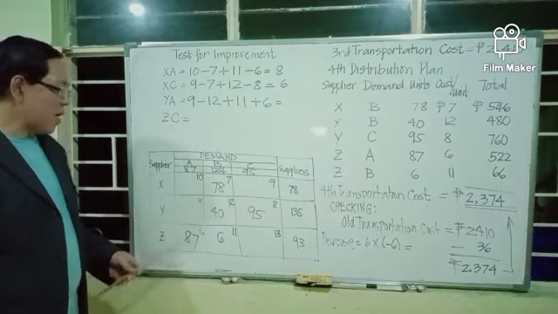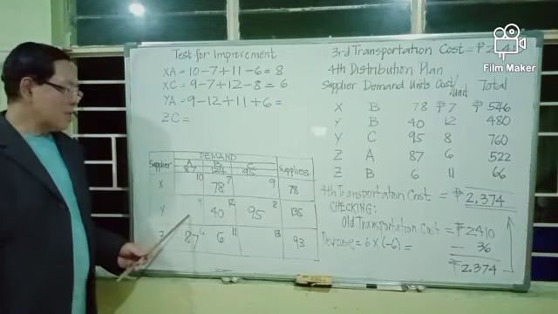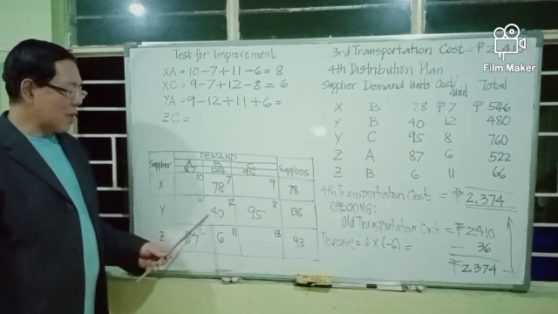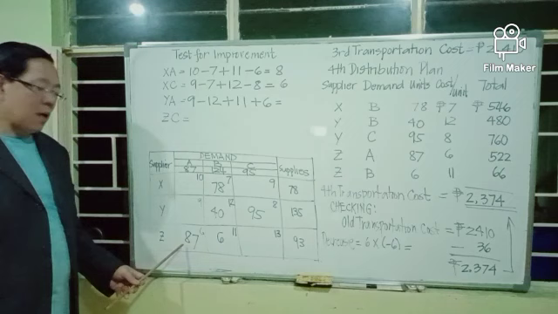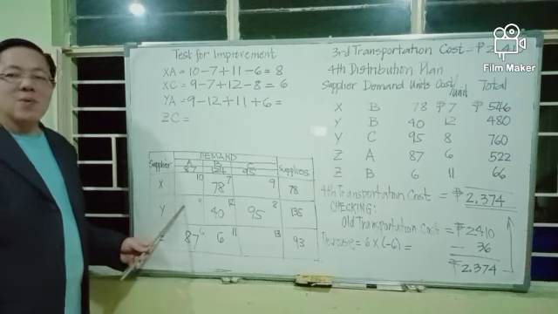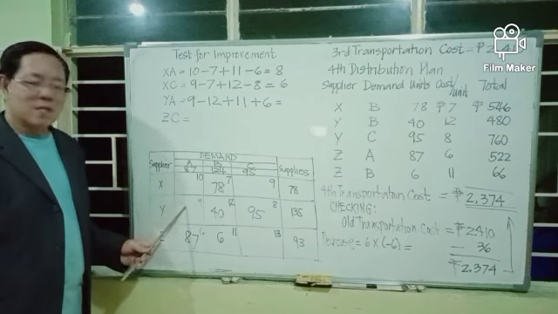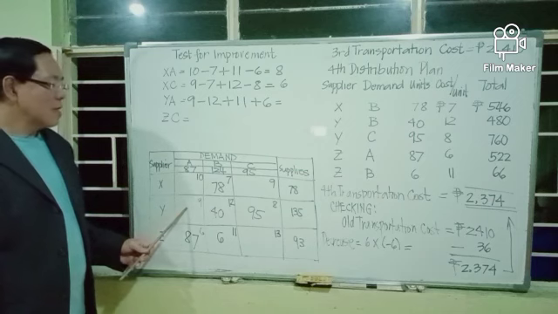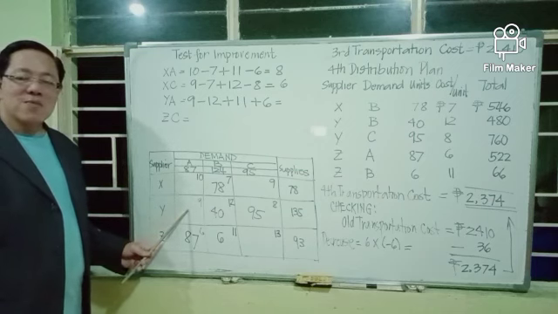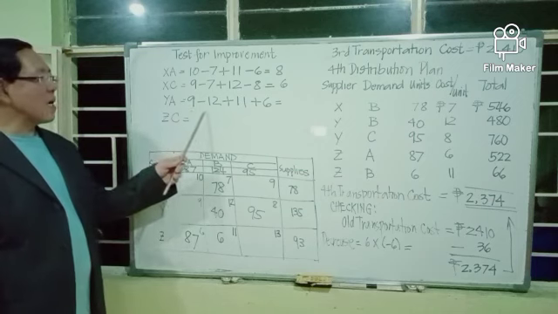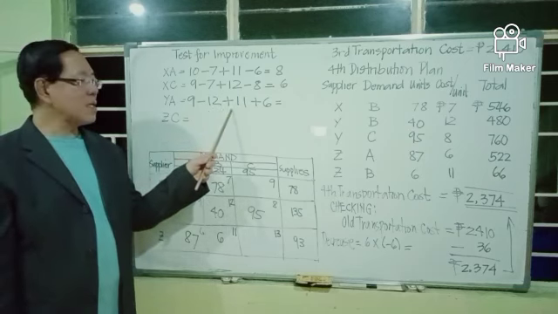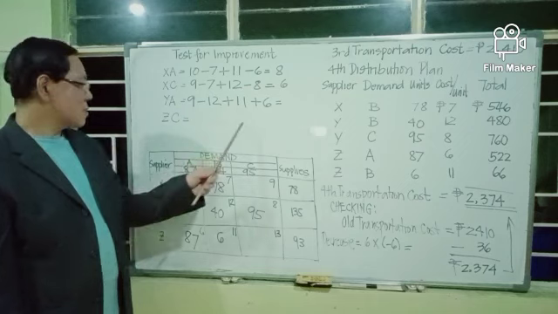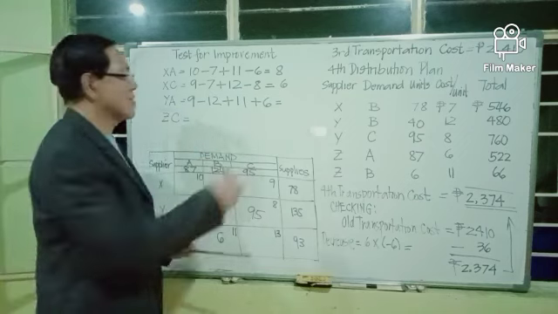Again, the closed path for the vacant cell YA: horizontally to the right to 40, vertically downward to 6, horizontally to the left, and vertically upward back to where we started, the vacant cell YA. And we find the net cell cost for this vacant cell. We have 9 minus 12 plus 11 minus 6. Sorry, the last term should be minus 6.